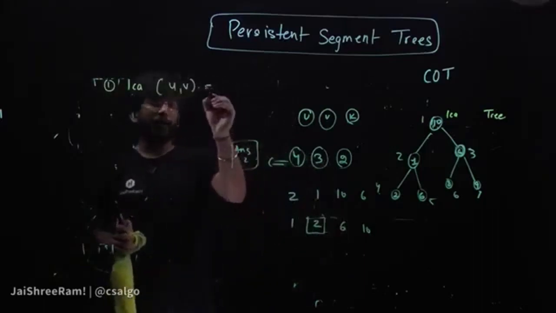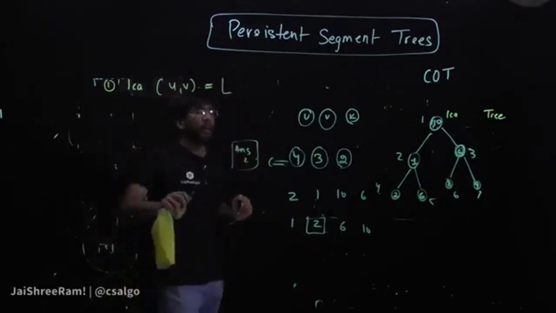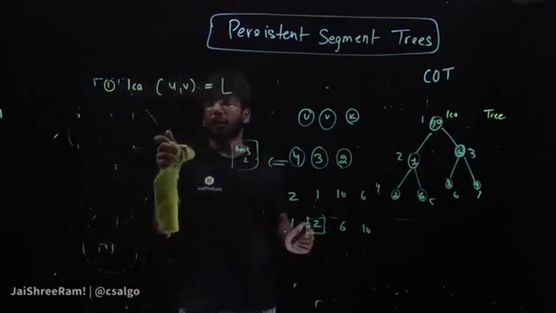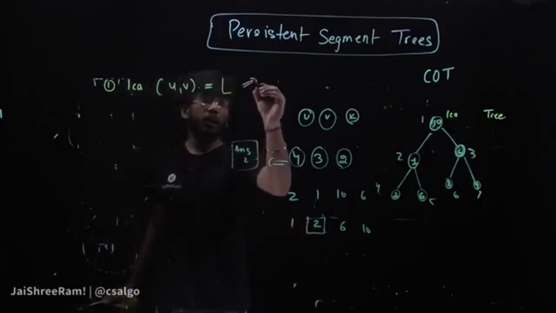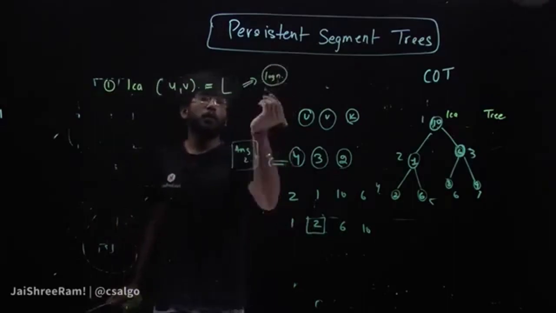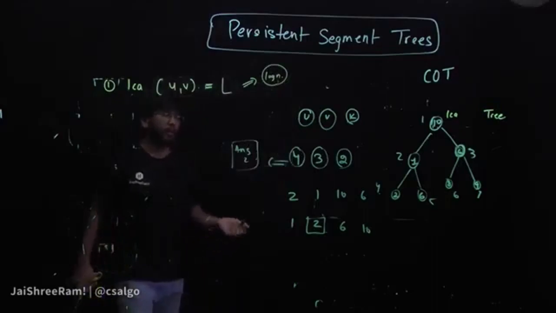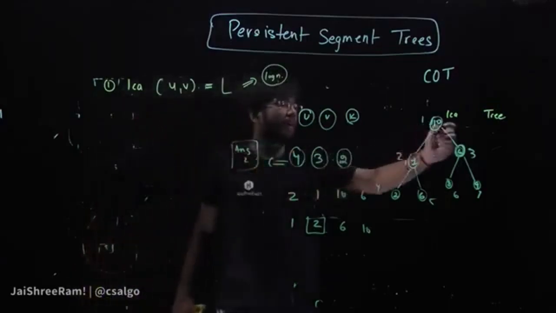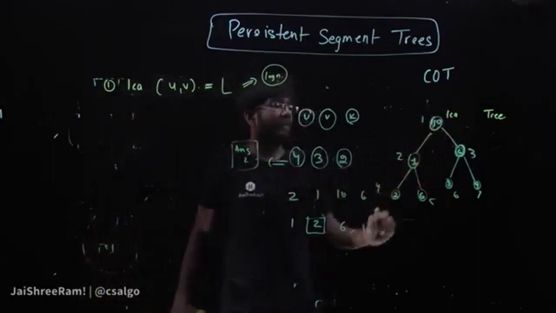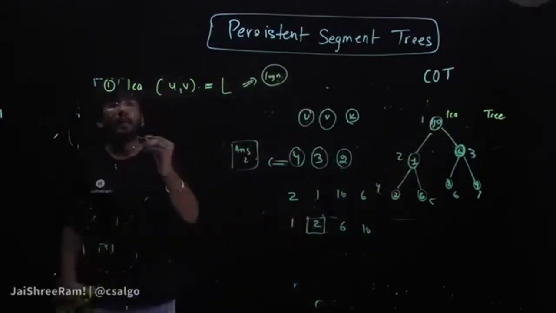Let the LCA be L. This is a step in which you can use a log n approach, which would be shown to you in the lowest common ancestor video, wherein we can find the lowest common ancestor of two nodes in a tree in log n time complexity.